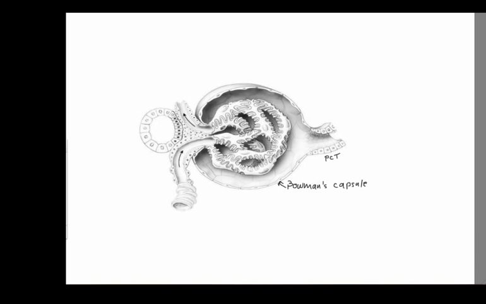The Bowman's capsule also has associated with it these cells called podocytes, which surround, or kind of engulf in a way, the capillaries of the glomerulus. So within these podocytes are capillaries which contain blood.